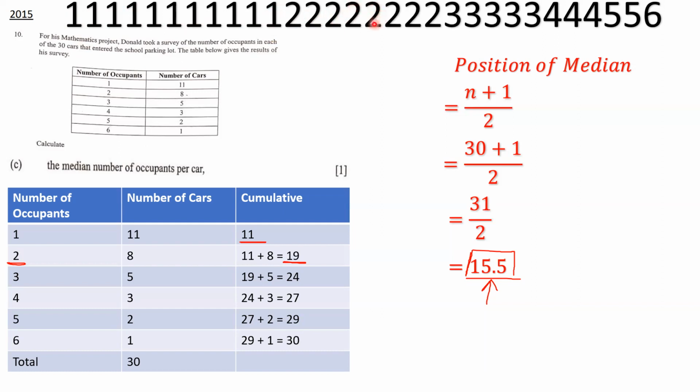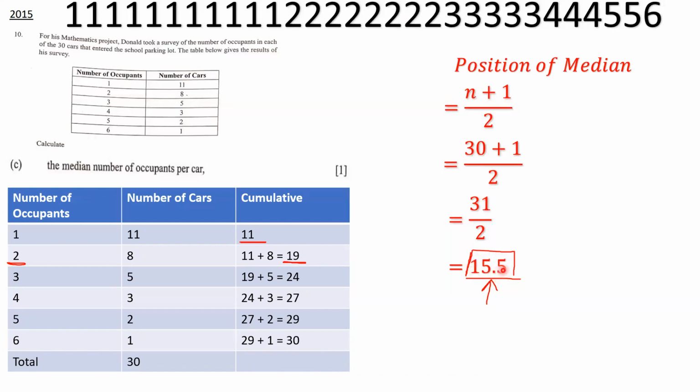This is the 16th number, 17, 18, 19, right? So they're telling us that our median has to be a 2 because it's 15.5 and 15.5 is among the 2s, all right? And so definitely our median has to be 2 because the position of the median is 15.5.